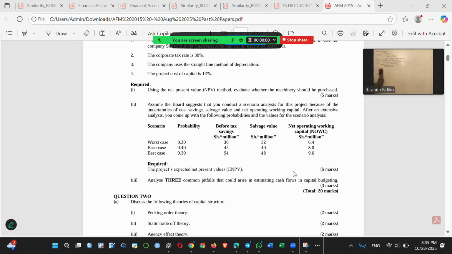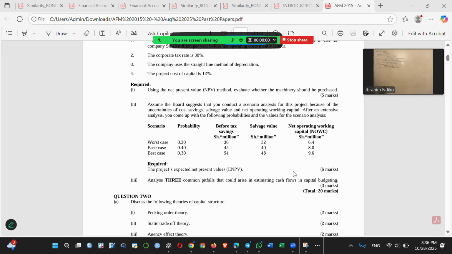We got our NPV of 30.0894. It's not the one we got in the first question. Now, what is the probability for this case? 0.40. Now we need to calculate also the NPV for the other cases.